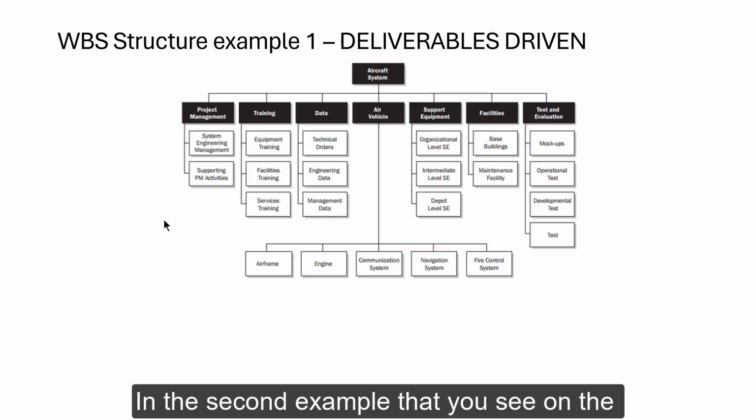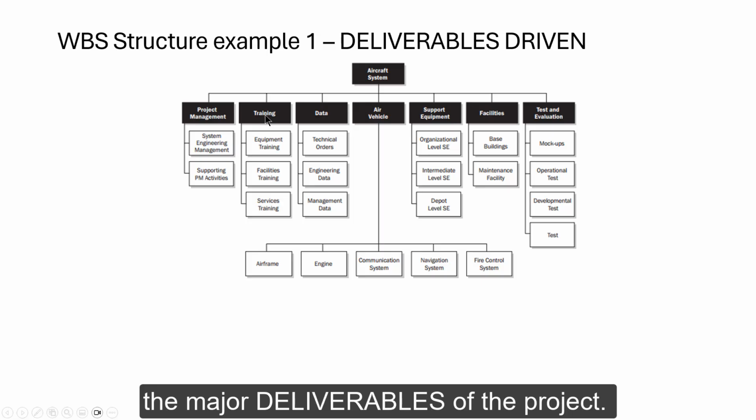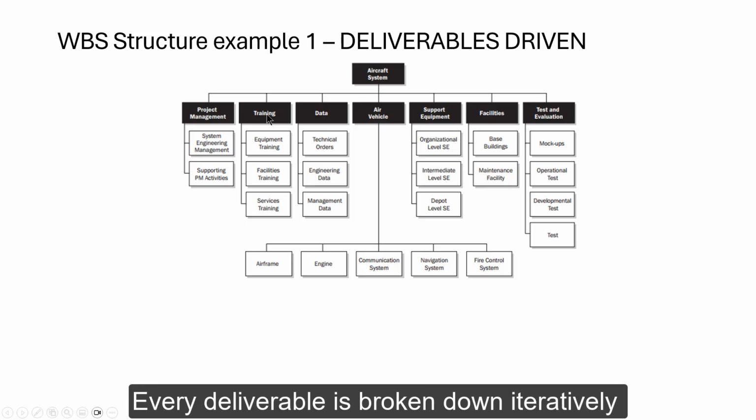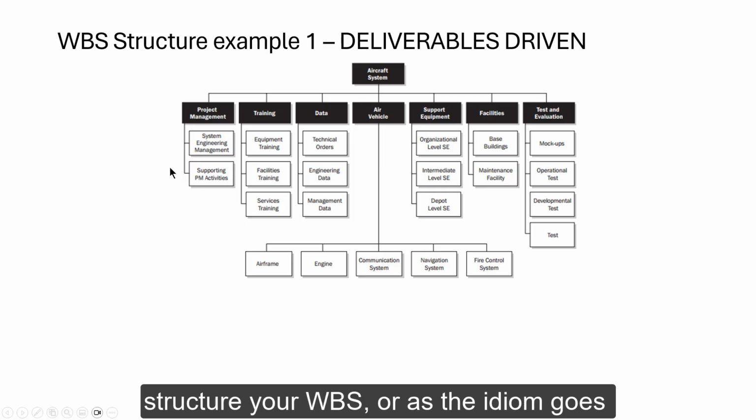In the second example that you see on your screen right now, the WBS structure is created from the major deliverables of the project. Every deliverable is broken down iteratively until we arrive at the work packages. There is no single prescribed way to structure your WBS. We just saw 2 examples.